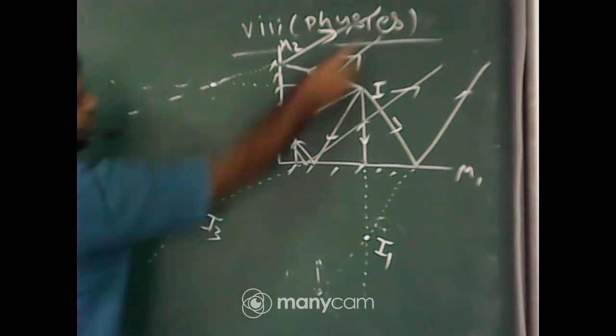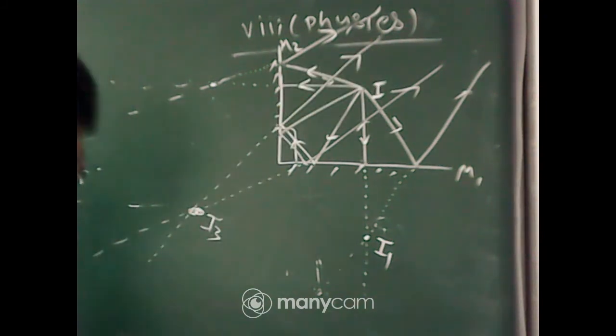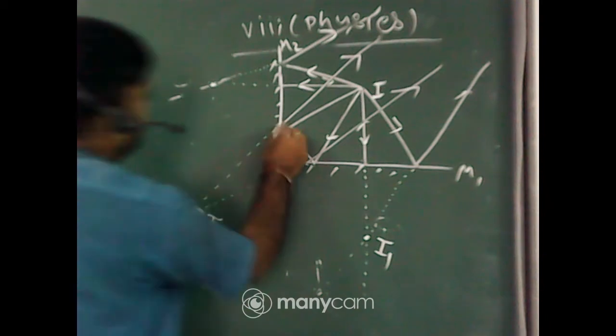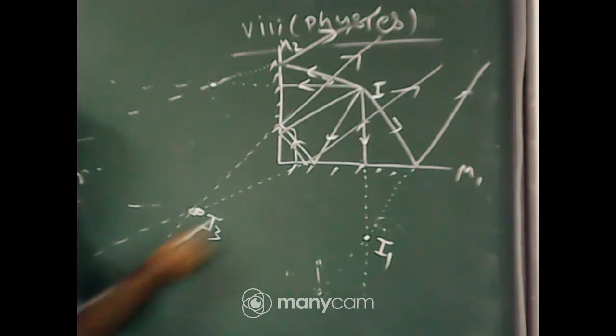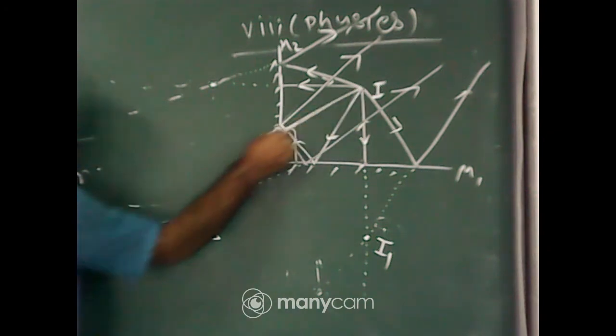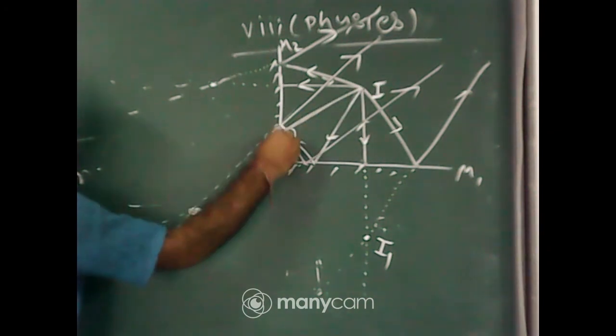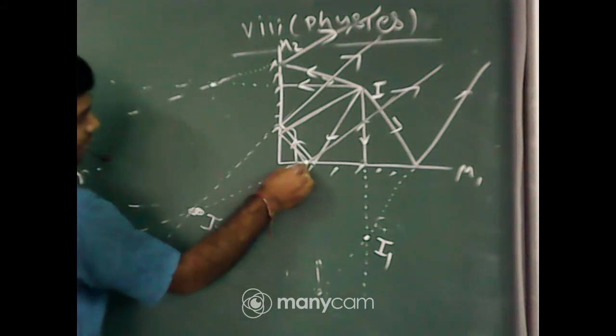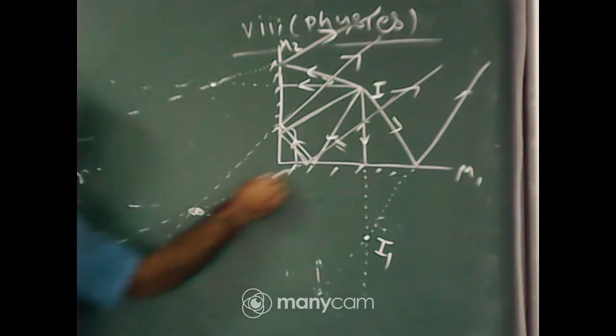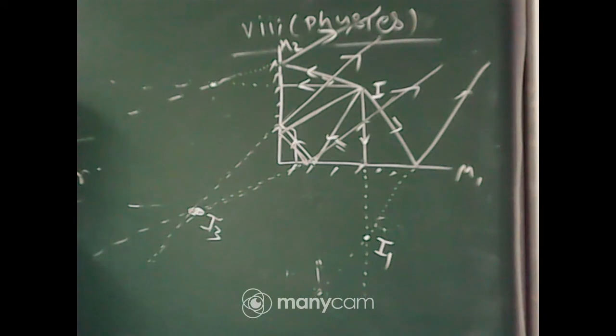Then it moves in this way. If you extend this line, you will get a line. And another ray hits M2, then again M1, then moves this way. Just extend this reflected ray along this way. Here the two reflected rays intersect. There we get I3, the third image of the object.